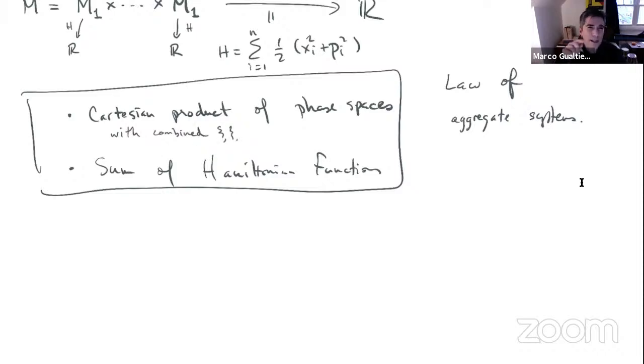Remember that the Poisson bracket is already a sum over i of differentiation with respect to xi and pi. And so now, because I'm taking the Cartesian product, I'm going to have more and more of these xi's and pi's, and we need to continue that sum. So that's what I mean when I say Cartesian product of phase spaces.